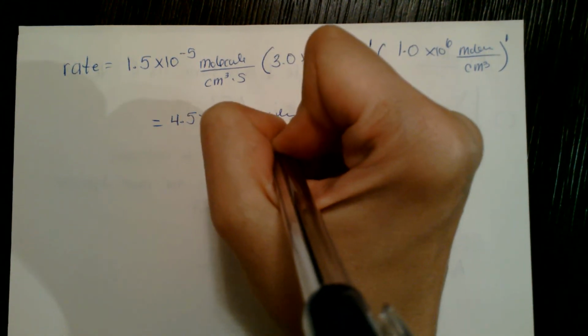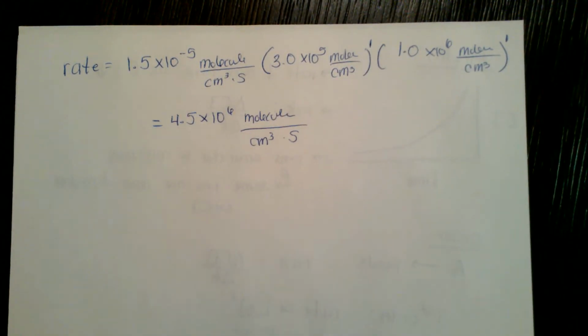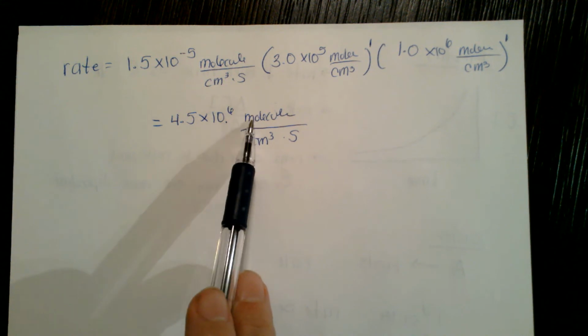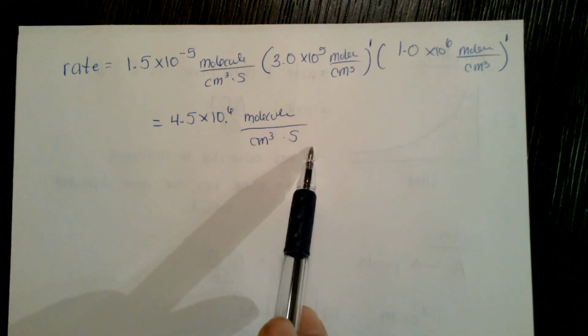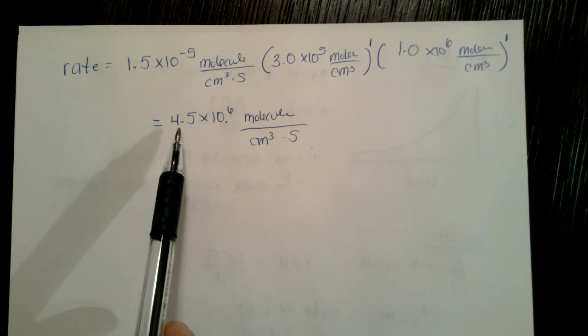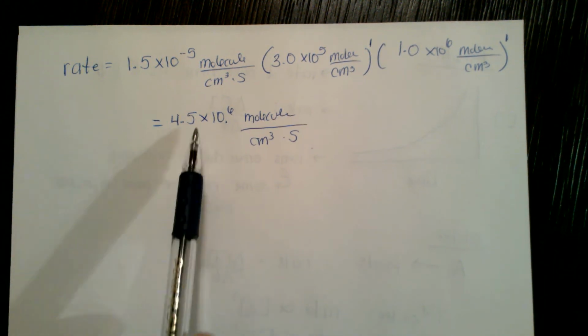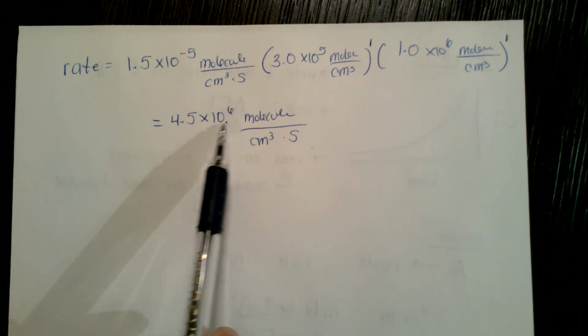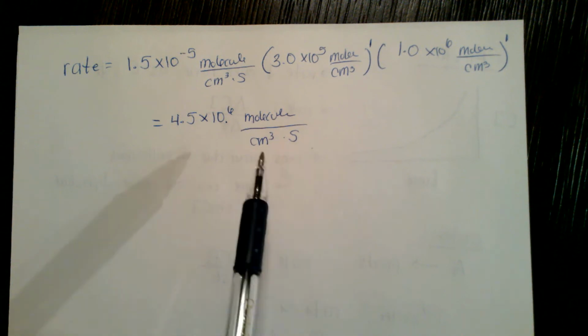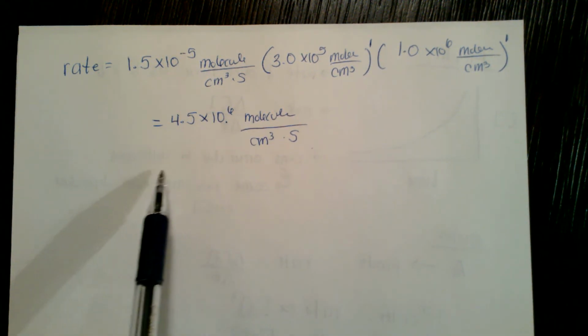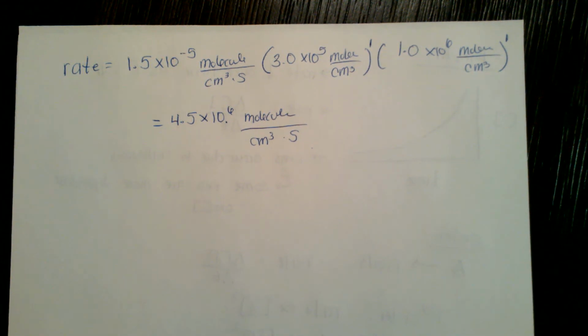per centimeter cubed per second. So that means that in a centimeter cube of area, we have 4.5 times 10 to the 6 molecules disappearing per second for A and B. So when they react, 4.5 times 10 to the 6 molecules per second are disappearing for A and B, which also means we're producing 4.5 times 10 to the 6 molecules per second in that centimeter cubed for the product C. Okay, so that's how rate laws are used.